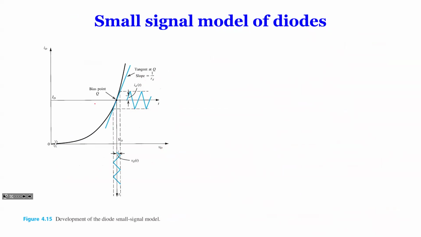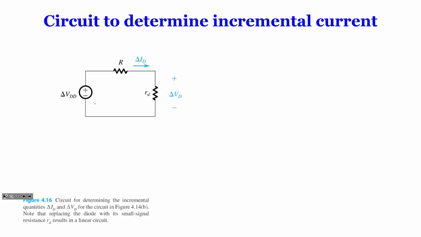But if you have AC on top of DC, which means there's a small signal, or the voltage changes a little bit, you get a little bit of change in current and also voltage on the diode. That is all because of the change of the input voltage, and that whole thing can be solved by using a small signal equivalent circuit.